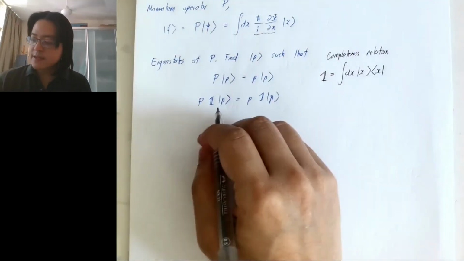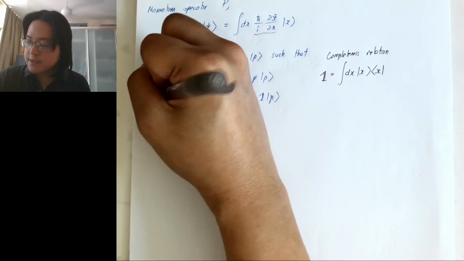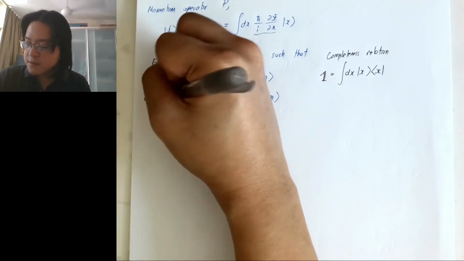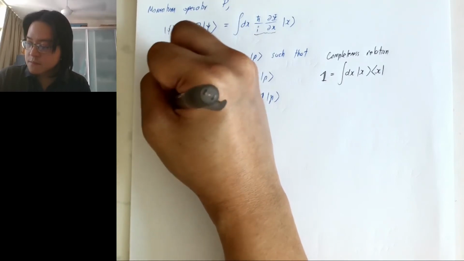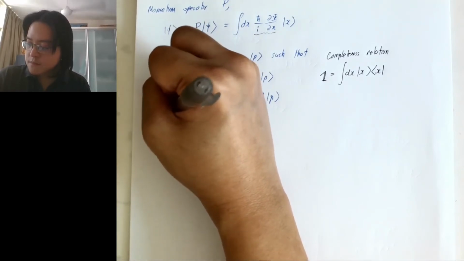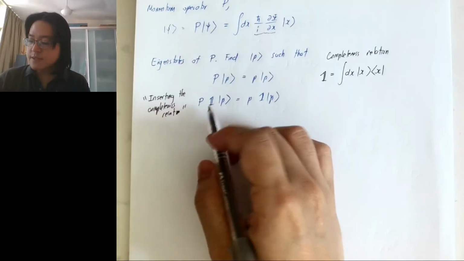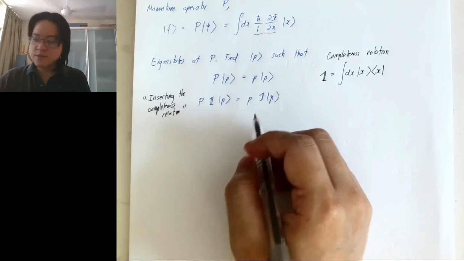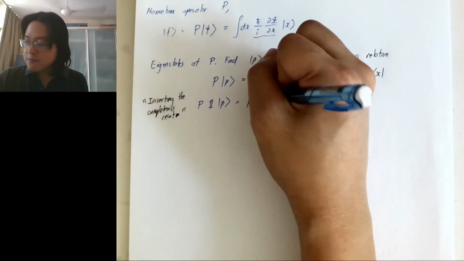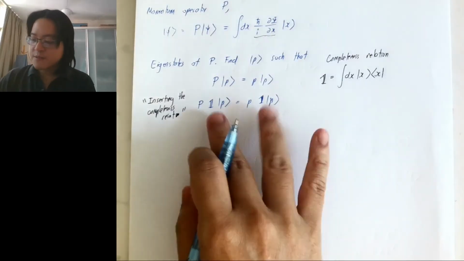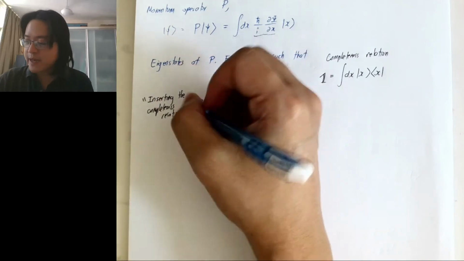So we say that this is inserting the completeness relation. Okay, so this is a common trick, right? So if you're confused, try to get used to it, because it will help us solve a lot of equations by doing this. In fact, it will help us find the eigenstates of P.